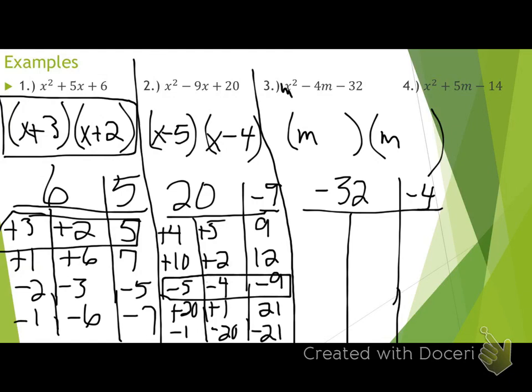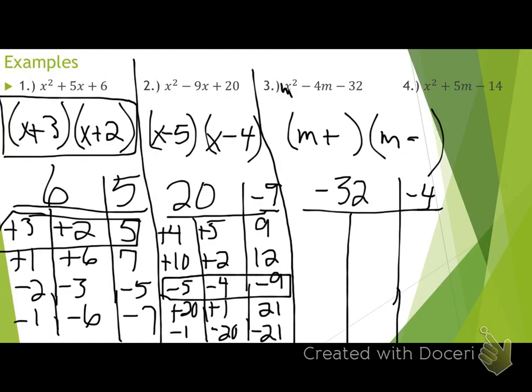Is everyone okay with that? What are my signs going to be here? One's plus, one's minus. I know that because the sign in front of my c value is a negative. If the sign in front of my c value is negative, it's automatically one's plus, one's minus. Okay?